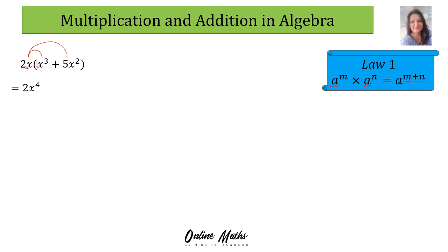So it's 2 times 1 is 2, and on the variable x's exponent, if there's no exponent, there's an invisible 1. Therefore, it becomes x to the power of 4 because it's multiplication. Bases are the same, you add exponents. And then when you multiply 2x with the 5x squared, it becomes 10x to the 3.